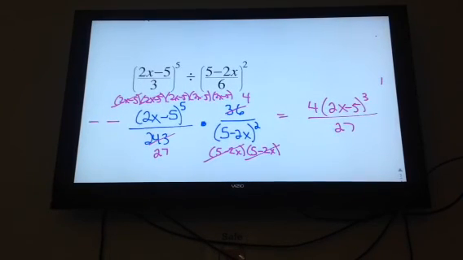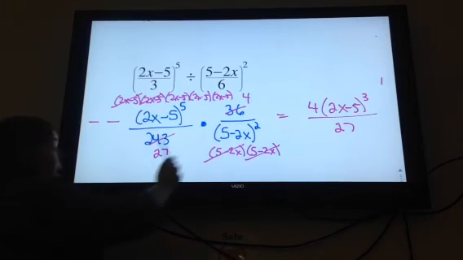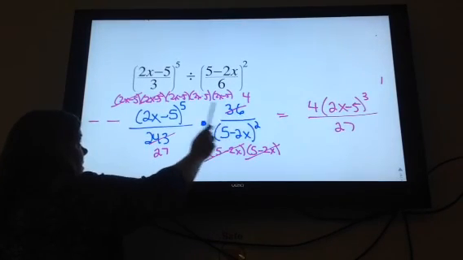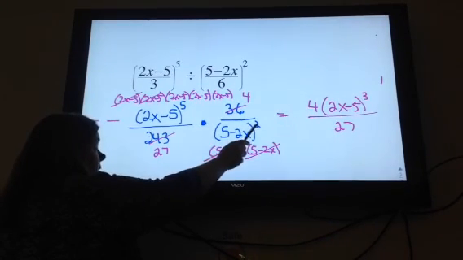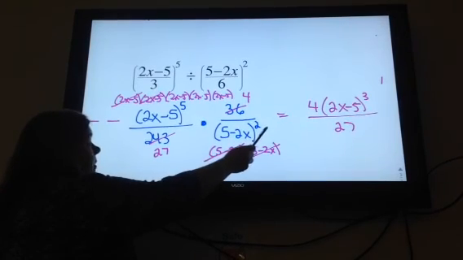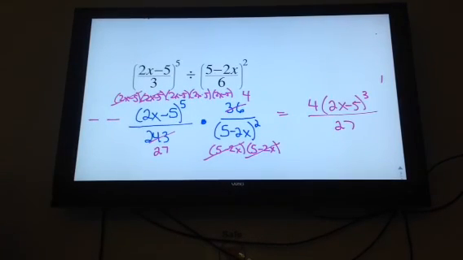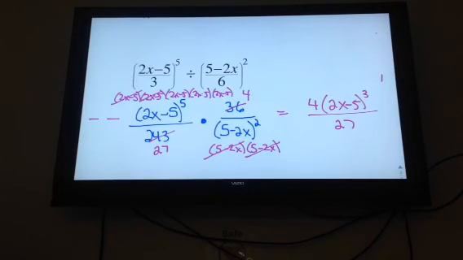Okay? So you can look at this power. So if this power were 3, and I was canceling 3 of these, then my answer would be negative. If I was canceling 4, this power here was a 4, it would still be positive then. Okay? So you have to think in terms of groups here, and these are groups of inverses, which is going to affect that sign. Okay?